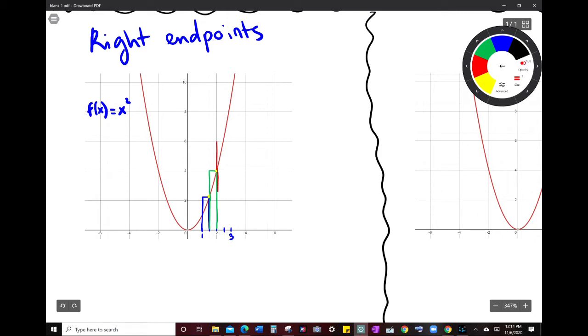I want to show you guys that they share the side. And the right endpoint is right here. And then the next one, I have this, all the way up here.